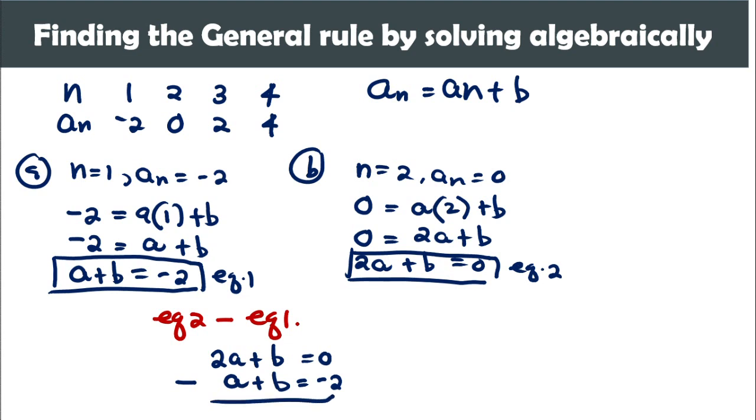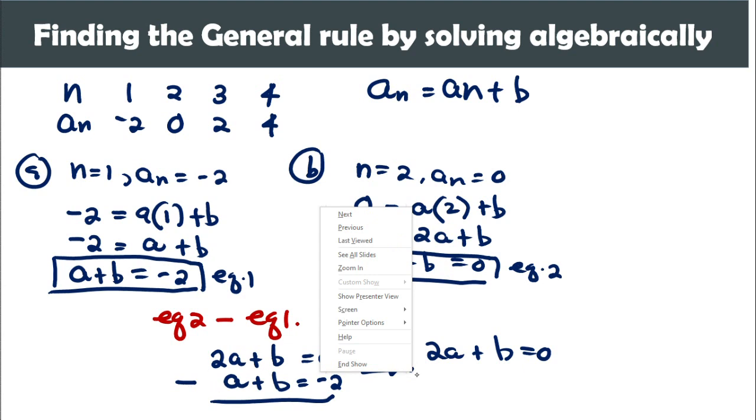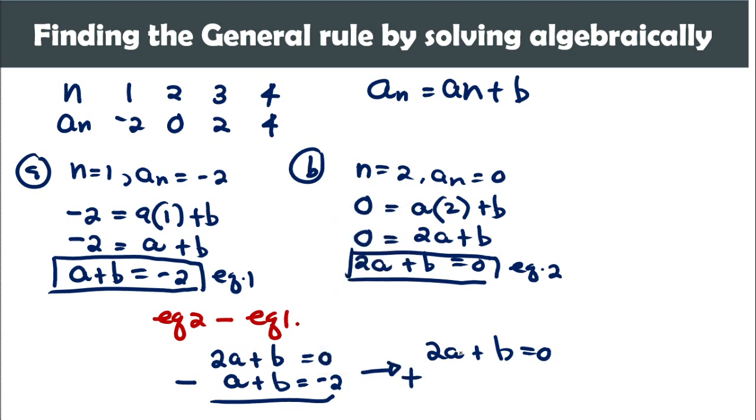Since we had the operation minus, we can rewrite this into 2a plus b equals 0, and change the operation from minus to plus. So we have negative a minus b is equal to negative times negative, that is positive 2. So we can now add these terms.